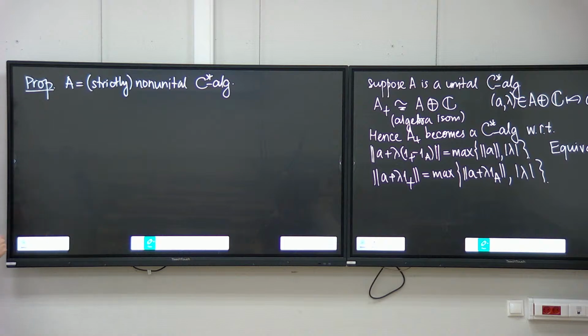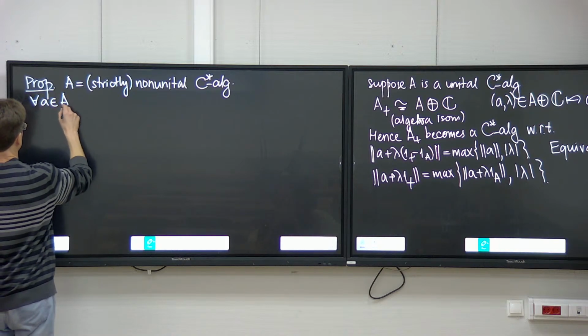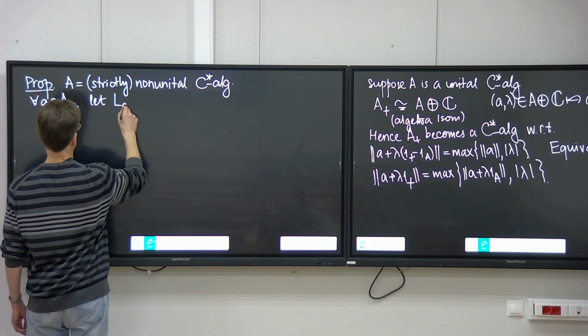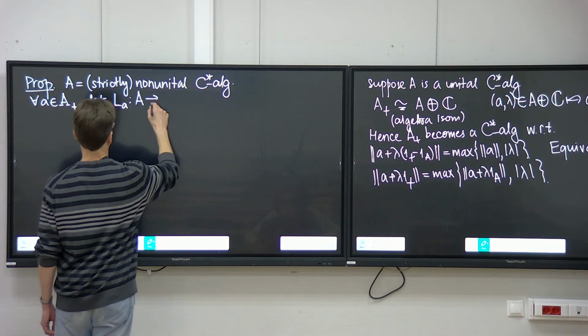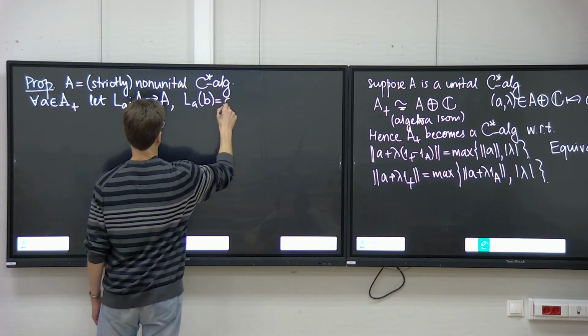Well, we know that A is an ideal in its unitization. And so for every element a in A plus, we can consider the multiplication map L_a, which acts from A to itself, and it takes b to ab.